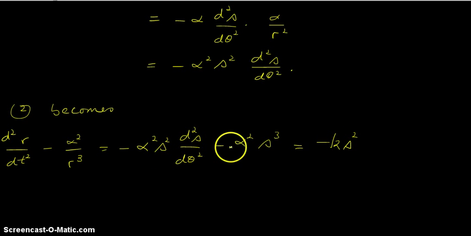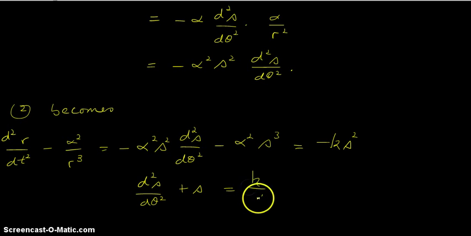And if we divide throughout by s squared and minus alpha squared, we end up with d2s by d theta squared plus s equals k on alpha squared.